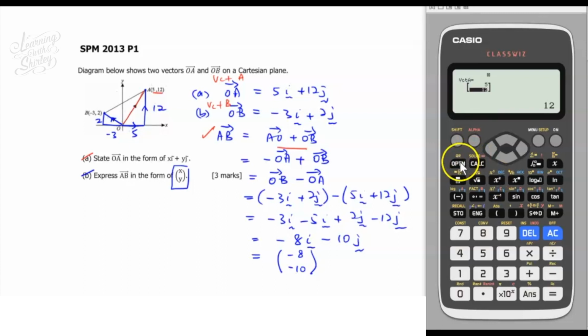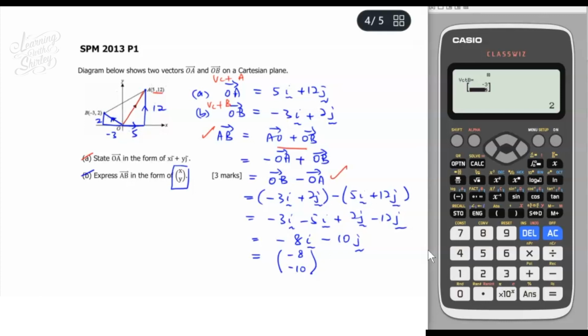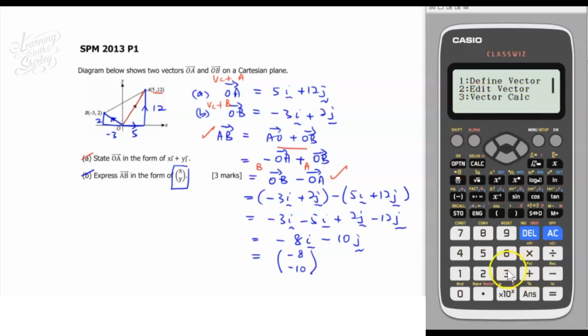Now we define vector B. Go to option, define, which is number 1, and then vector B is 2. The dimension is 2, so negative 3 equals, and then 2 equals. You have already defined vector A and vector B. To find vector AB, I'm going to use vector B minus vector A. Go to option, vector calculation is number 3.